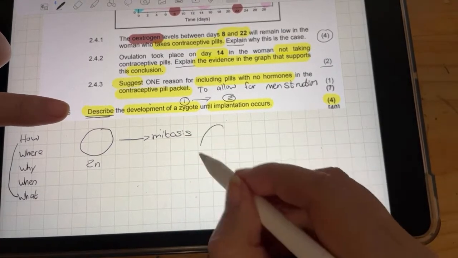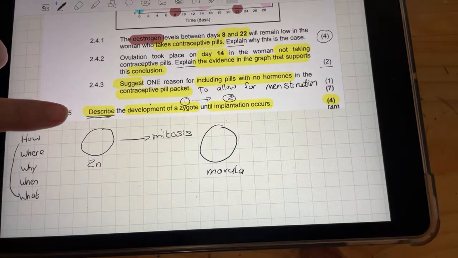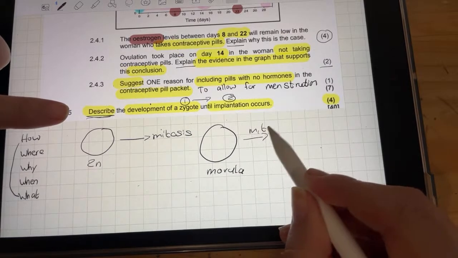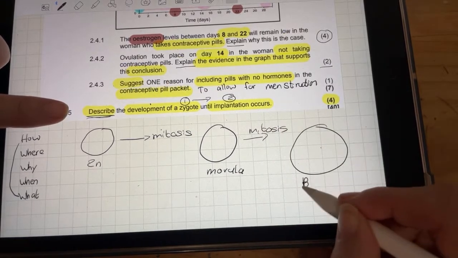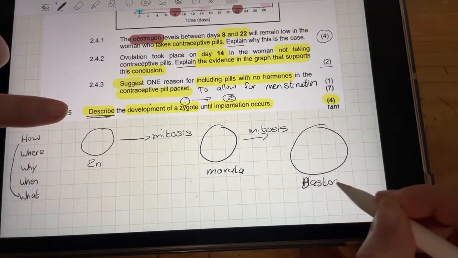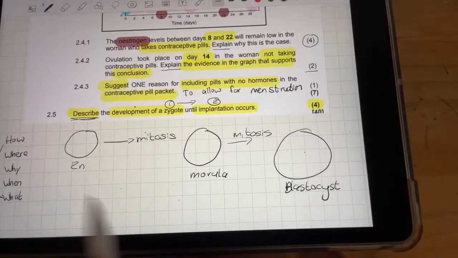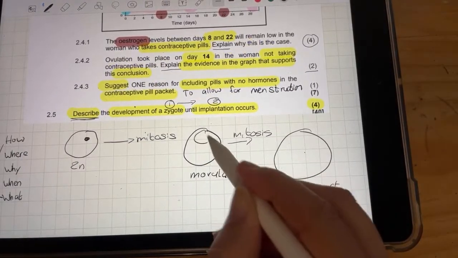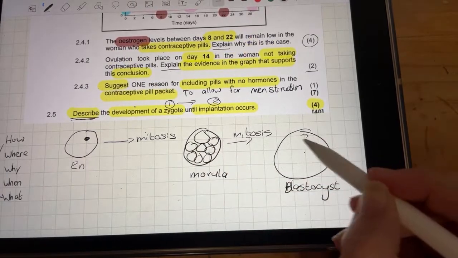In order to form a morula. It undergoes mitosis even further to form a blastocyst, right?